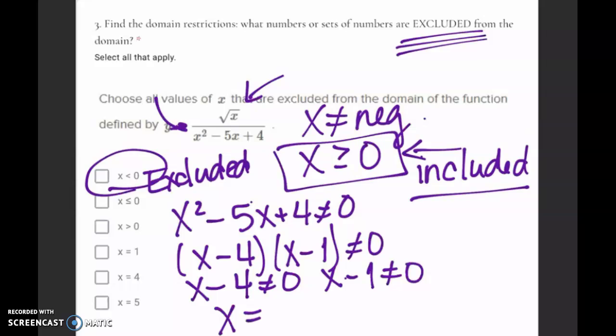So x cannot be 4, and x cannot be 1. So here's 4 and here's 1. So these three are the three things that are excluded from the domain.